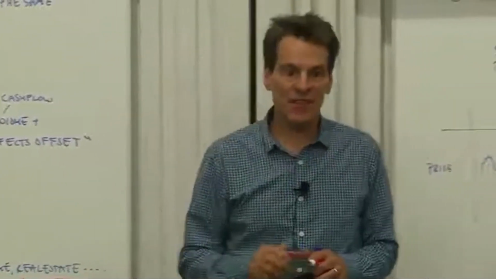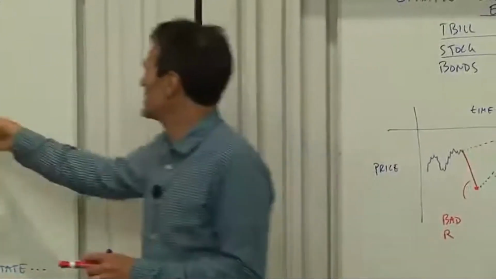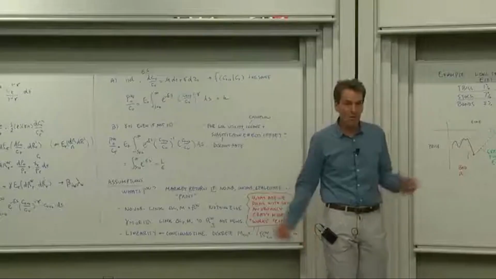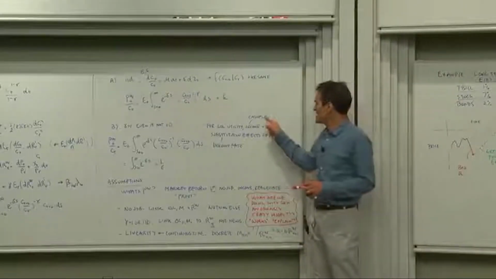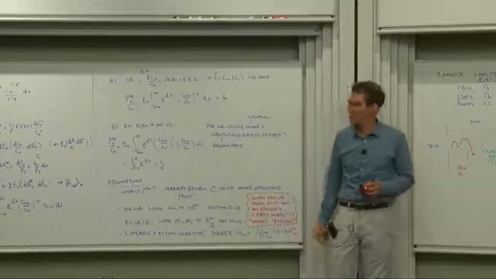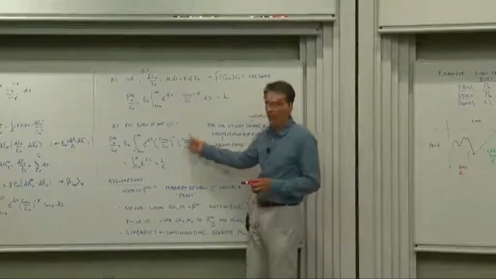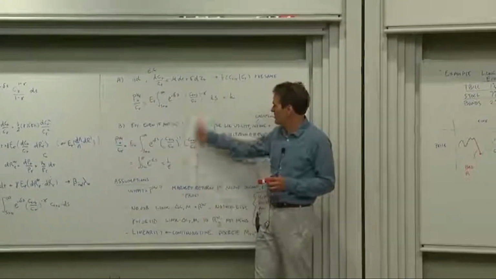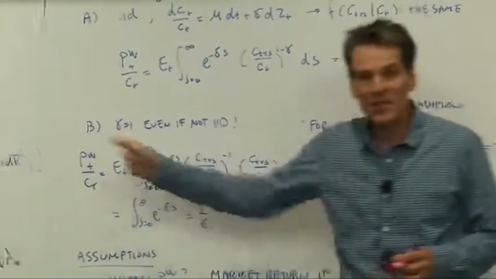This is a deep result that comes throughout economics. Log utility, we say in economics, income and substitution effects offset. What we say in finance is cash flow effects and discount rate effects offset. If you get good news about future consumption, you say, well, wait, that should raise the price, right? Good news about future consumption, that's a good future cash flow, that raises the price.